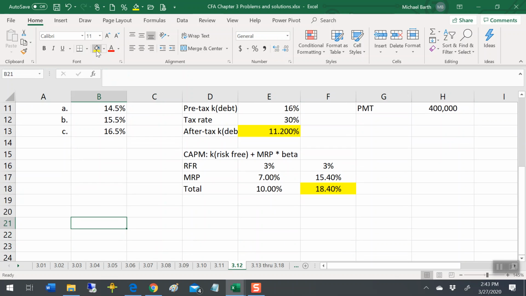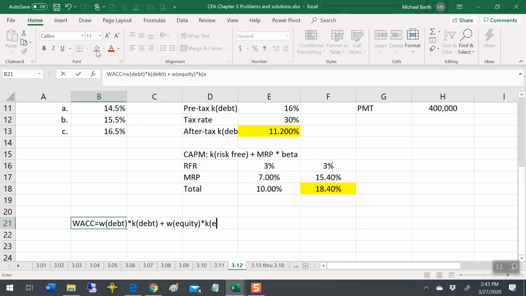All right, so weighted average cost of capital is equal to the weight of debt times cost of debt plus weight of equity times cost of equity. So the weighted average cost of capital would be equal to the weight of debt, 0.4, times 11.2%, plus 0.6, the weight of equity, times 18.4%.